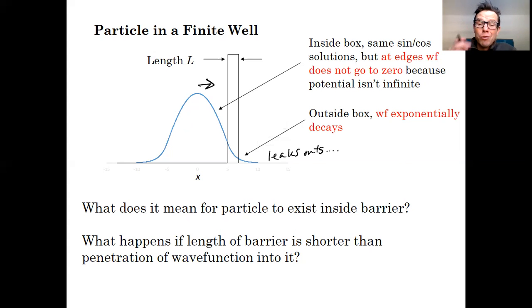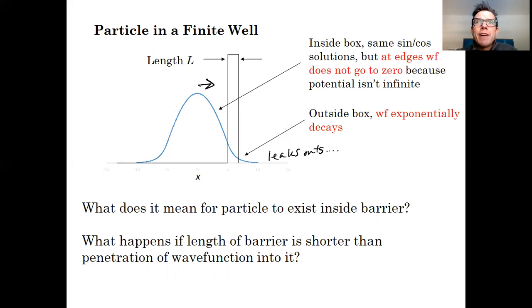It can get through. And this is a crazy idea. The system has less kinetic energy than the potential. Potential is greater. It impinges on the system and it gets through.